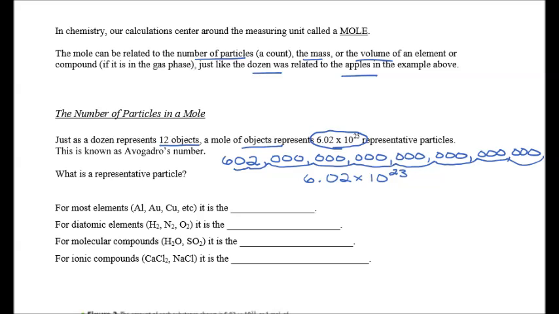Now, what are we measuring that's so small? This is crucial that you understand this. For elements, the basic unit is the atom. For diatomic elements, since they're covalently bonded, it is the molecule.